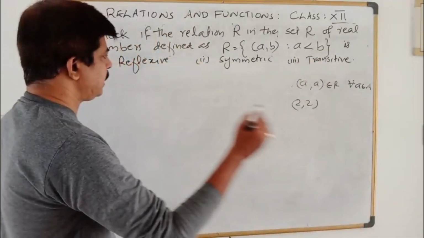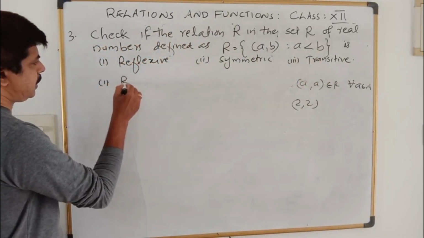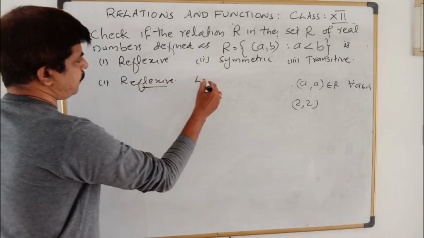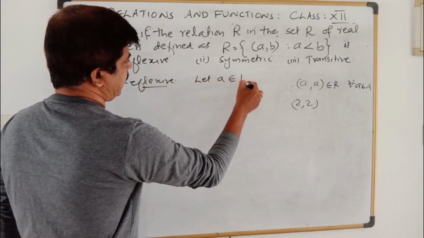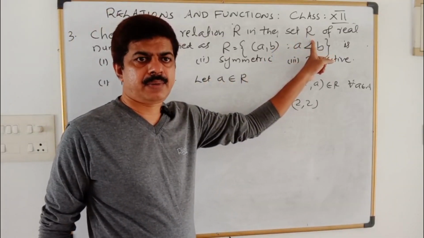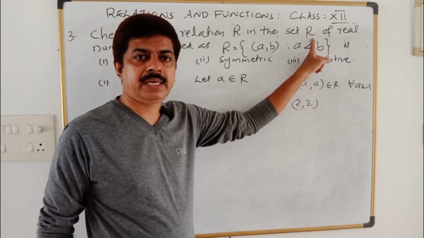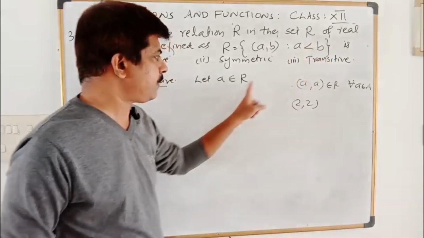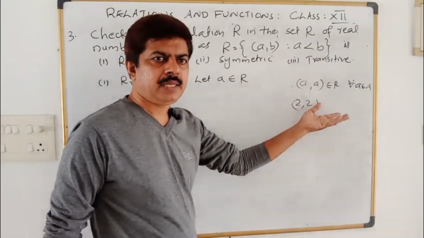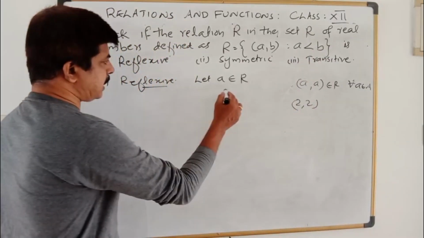So first, what will you write? We have to check first whether it is reflexive or not. The given relation is, let us take one A. The given set is the real numbers. From the real numbers, one number we can choose, as I said earlier, suppose 2 or 3. So what will you write?